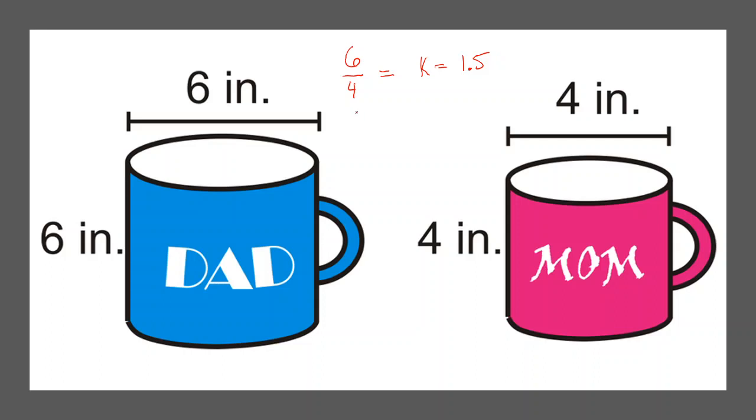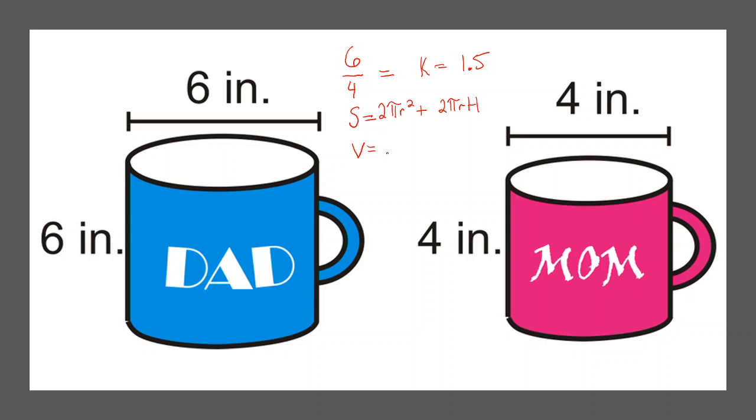Do you remember how to calculate surface area and volume of a cylinder? Well, surface area of a cylinder is found by 2 pi r squared plus 2 pi r h.